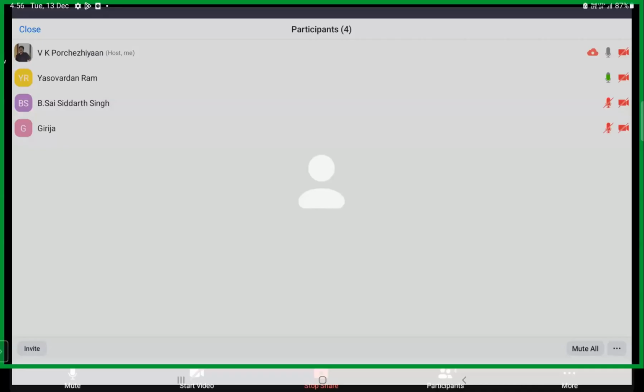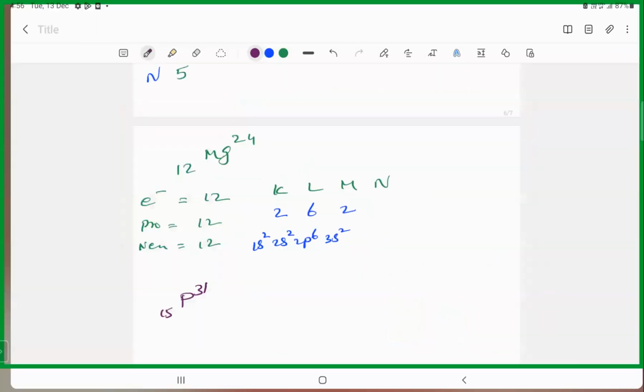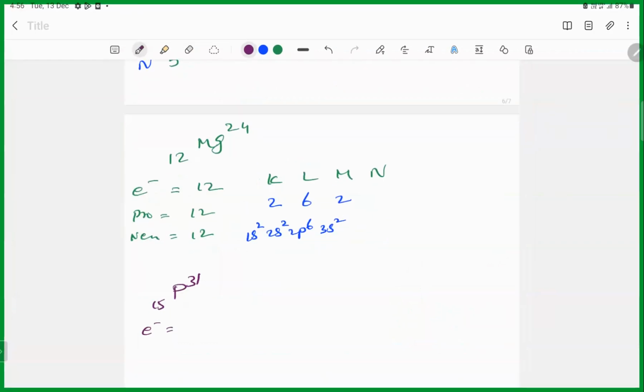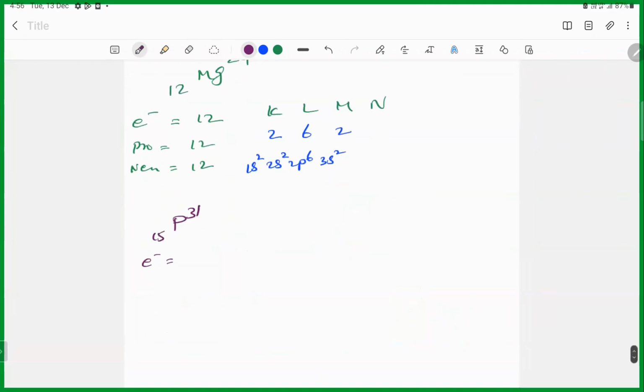No problem. Those who are online, you tell. So Sai, you tell me the electrons, protons and neutrons for phosphorus. 15 electrons, 15 protons, and 16 neutrons. So what about the electronic configuration?